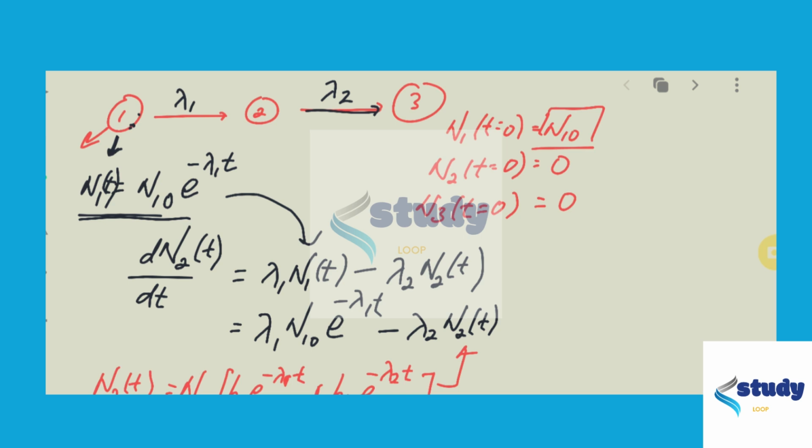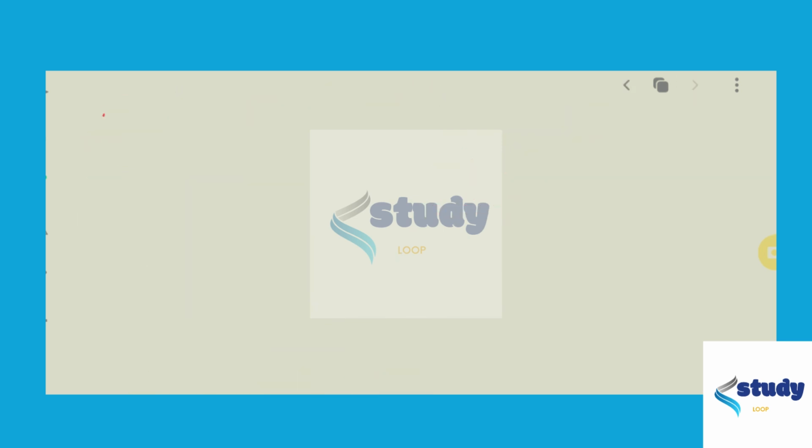So first thing we want to do is to find the differentiated version of N2 t. Assuming our trial solution, I'm going to differentiate with respect to t.